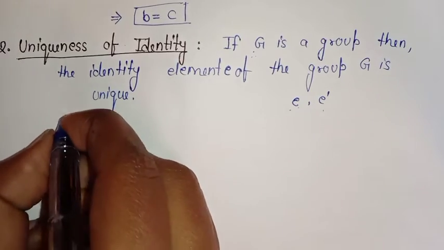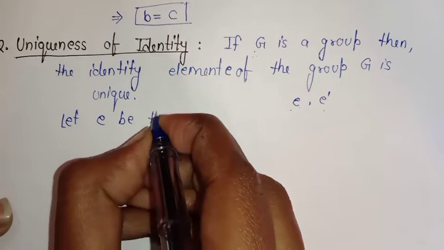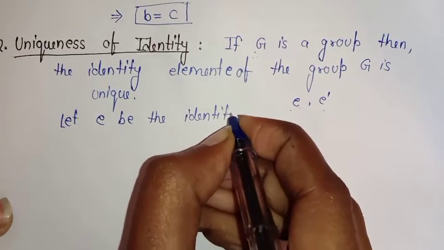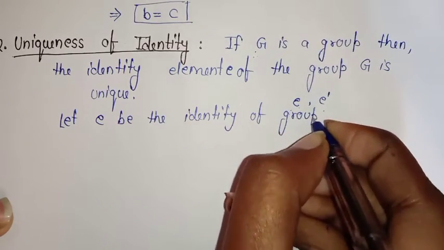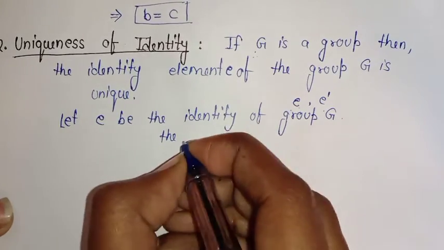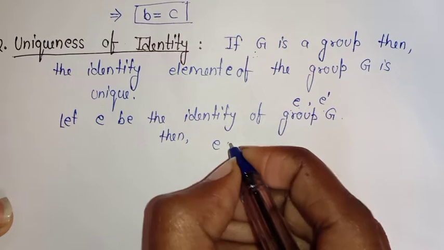So firstly we assume, let e be the identity of the group G. Then we know that if we multiply any element with the identity, it gives the same element.